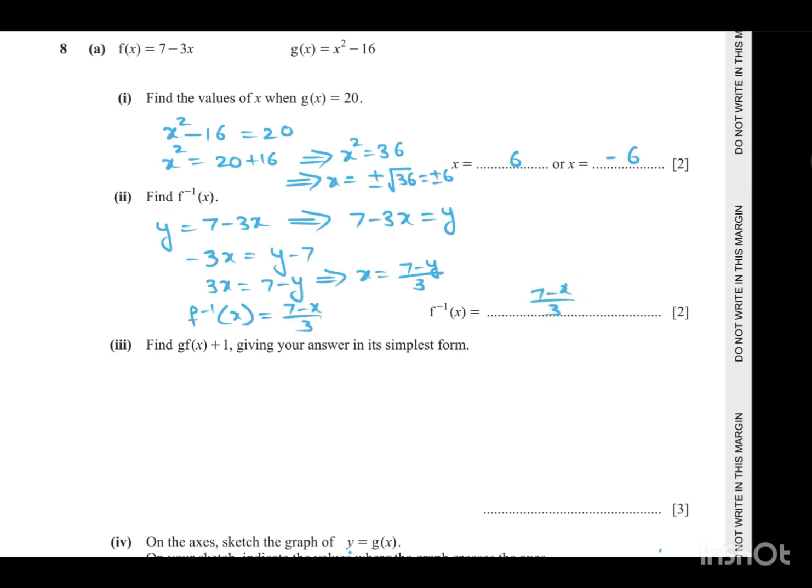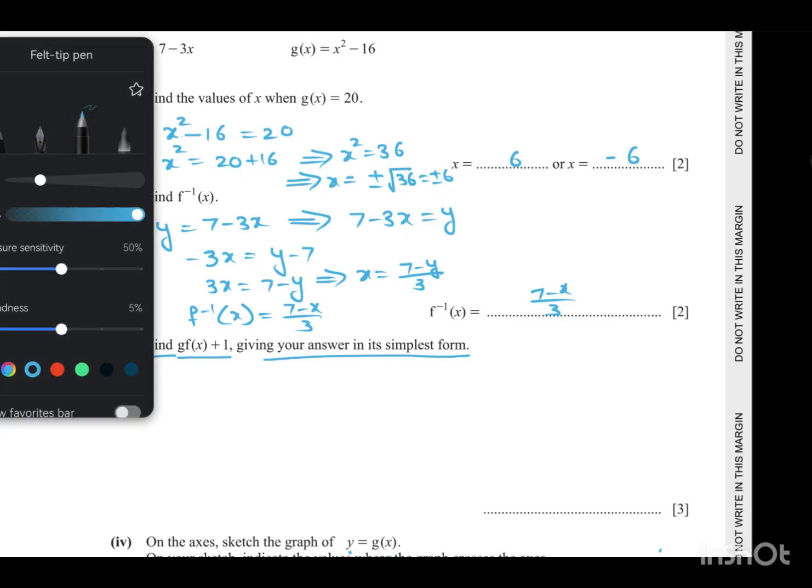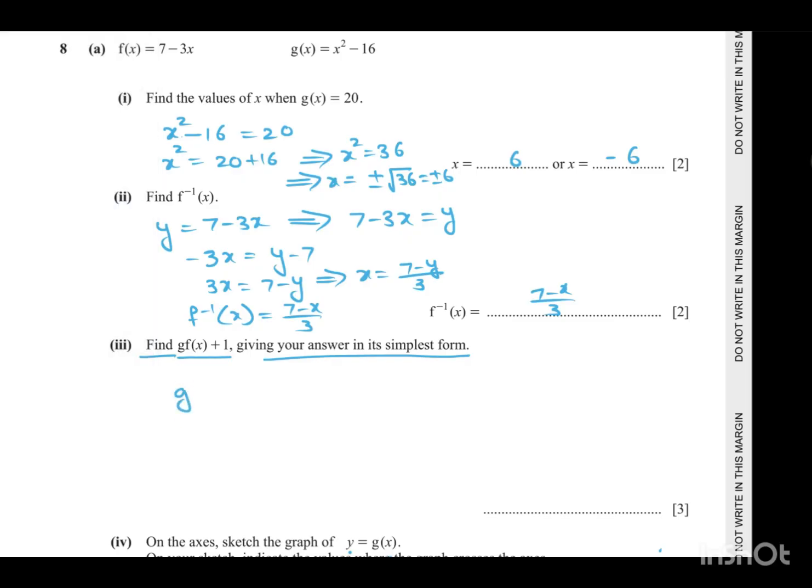Question number 3. Find g f of x plus 1, giving your answer in the simplest form. So first we'll find out g f of x. f of x is already 7 minus 3x.